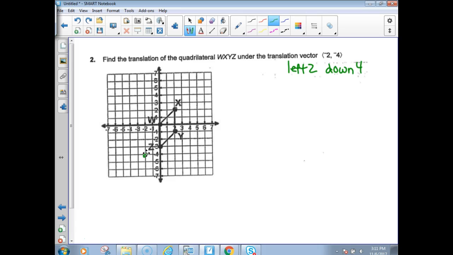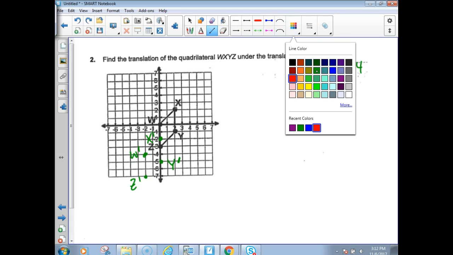And then this would be W prime. There would be Z. X is kind of right on that. So sometimes there will be parts that overlap. Don't think it's wrong because of that.